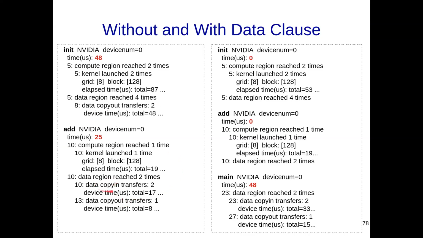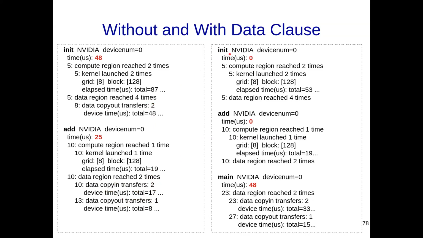The copying in was done twice and the copy out was done once. This copy in was for A and B again, and this copy out was for C. So as you can see, there is this redundant copying happening, copy in of A and B, and copy out of A and B, which we are essentially avoiding by specifying this data clause.